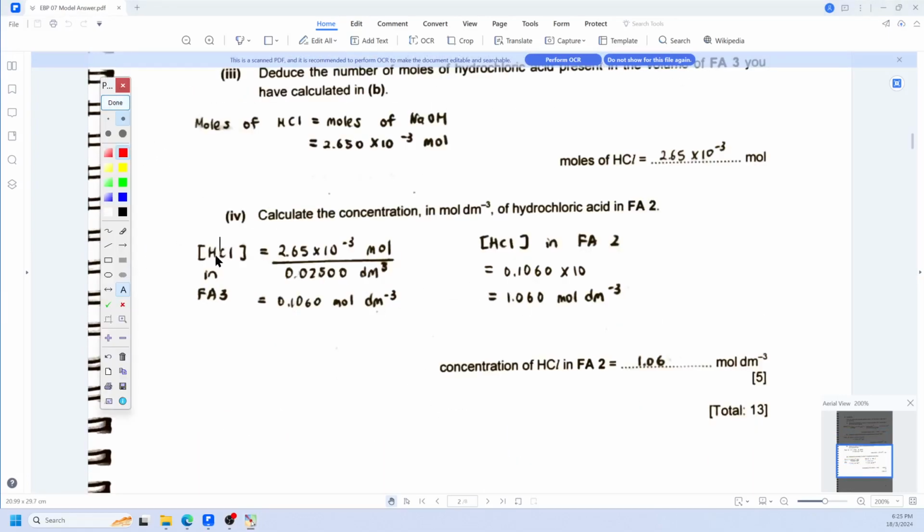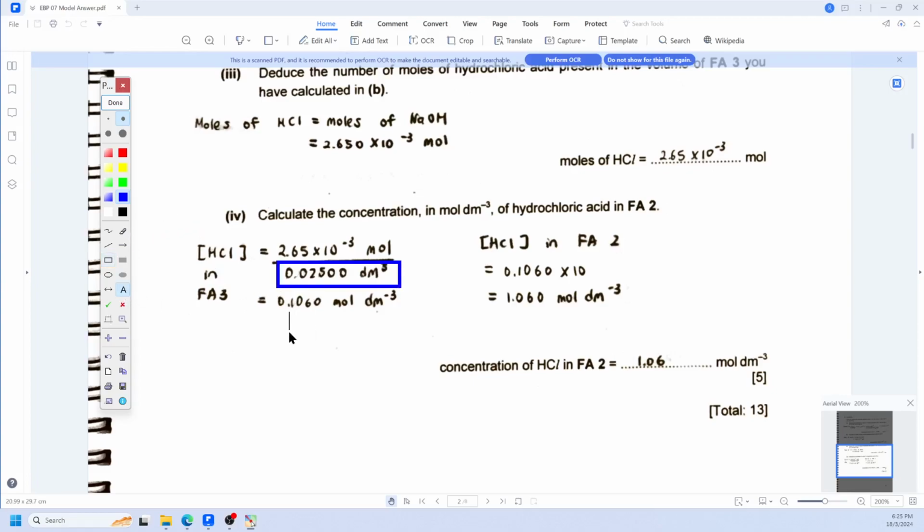Then afterwards, to find the moles of HCl in Fa3, do take note, this 0.025 is not from your conical flask.